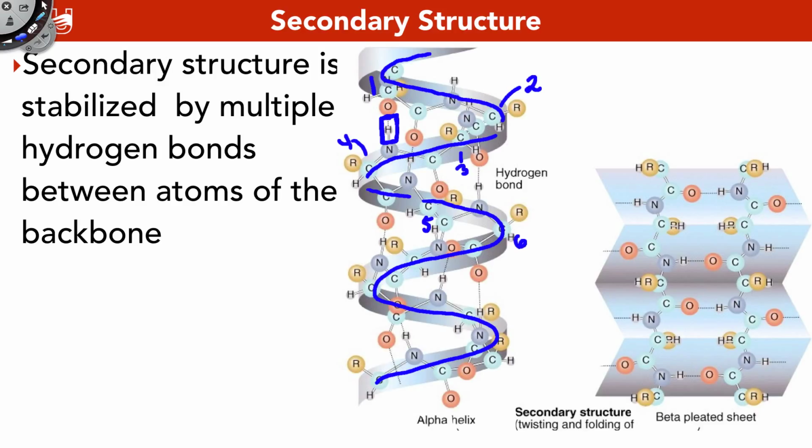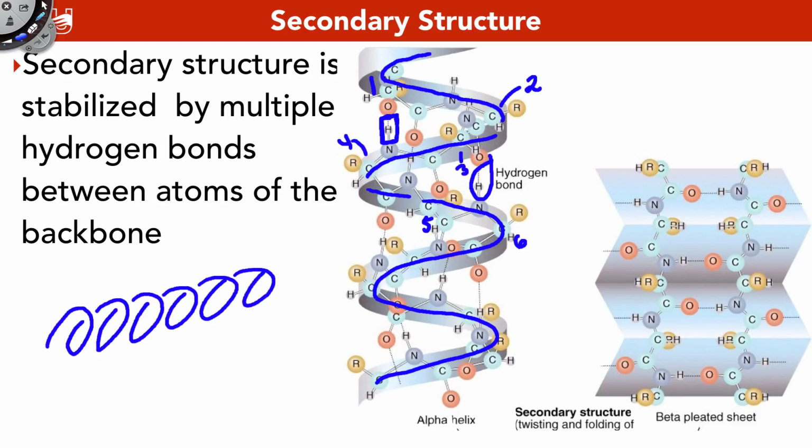And you see how the second and the sixth one in this diagram is forming a hydrogen bond. Point is that non-adjacent amino acids in the primary sequence are interacting with each other, forming these hydrogen bonds and thereby forming these structures that we are calling secondary structure. The one I just described is the alpha helix.